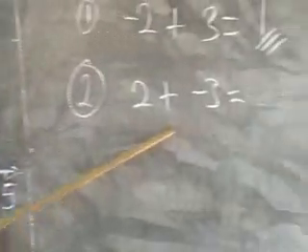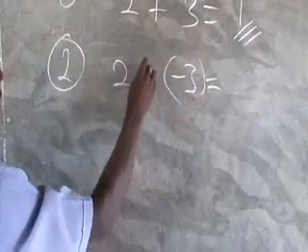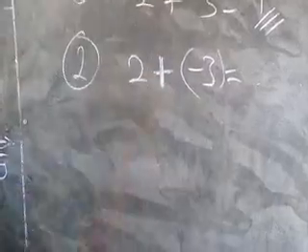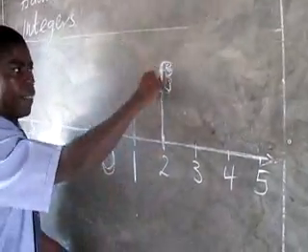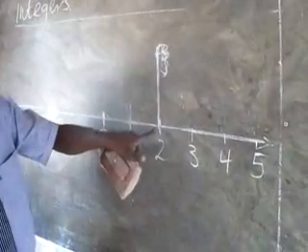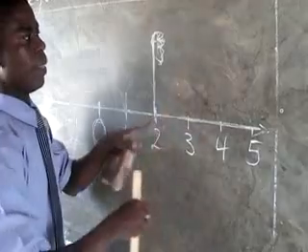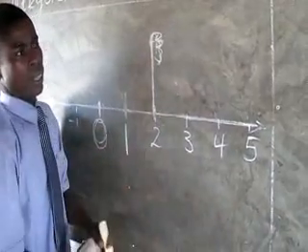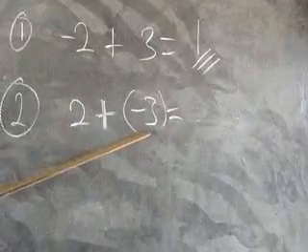Now, you consider the second, the operational sign, which is positive, that's plus. Good. Now, the rule says that plus, the person has to stand at the same place, looking at the positive direction, that's forward. So that's the same. Now, let us move on to the next number, which is negative 3.